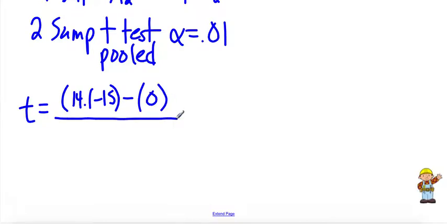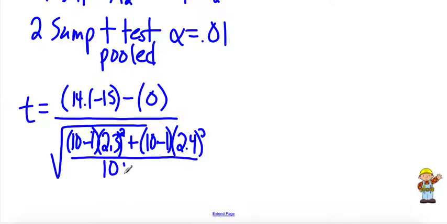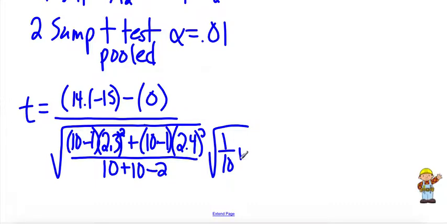And then the exciting denominator, square root of n1 minus 1 times s1 squared plus n2 minus 1 times s2 squared over n1 plus n2 minus 2, and then we've got another square root, 1 over n1 plus 1 over n2.